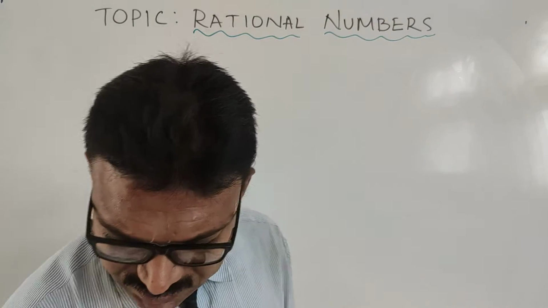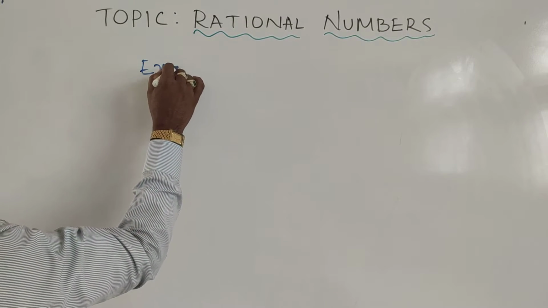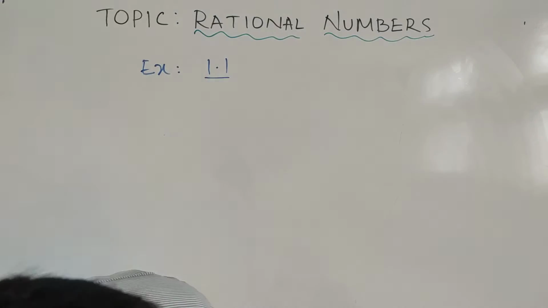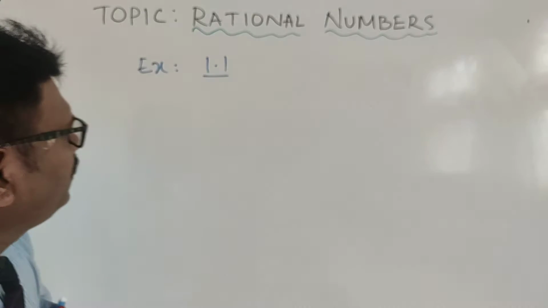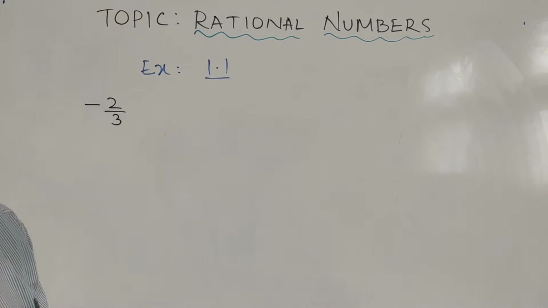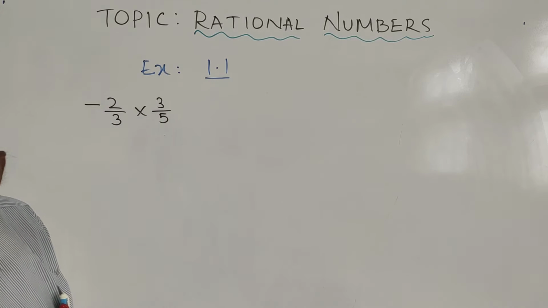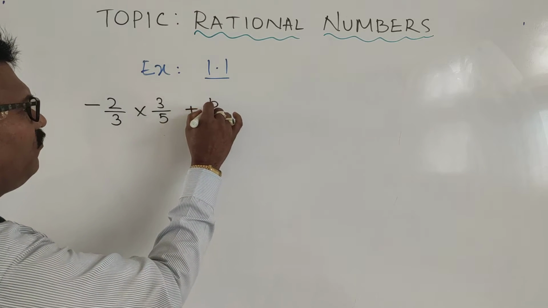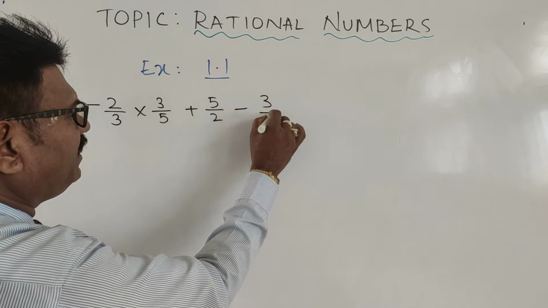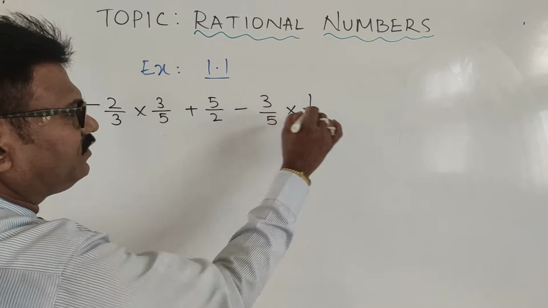Clear? Okay. The first question is: using the appropriate properties, find minus 2 by 3 into 3 by 5 plus 5 by 2 minus 3 by 5 into 1 by 6.